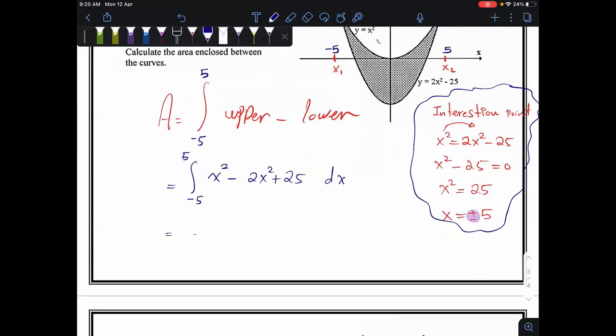So now integrate: 1 over 3 x cubed minus 2 over 3 x cubed plus 25x, and substitute negative 5 to 5. Here we will not substitute by negative 5, right? Why? Look, yes, we will substitute. It's not 0. Continue with normal substitution and find the answer.